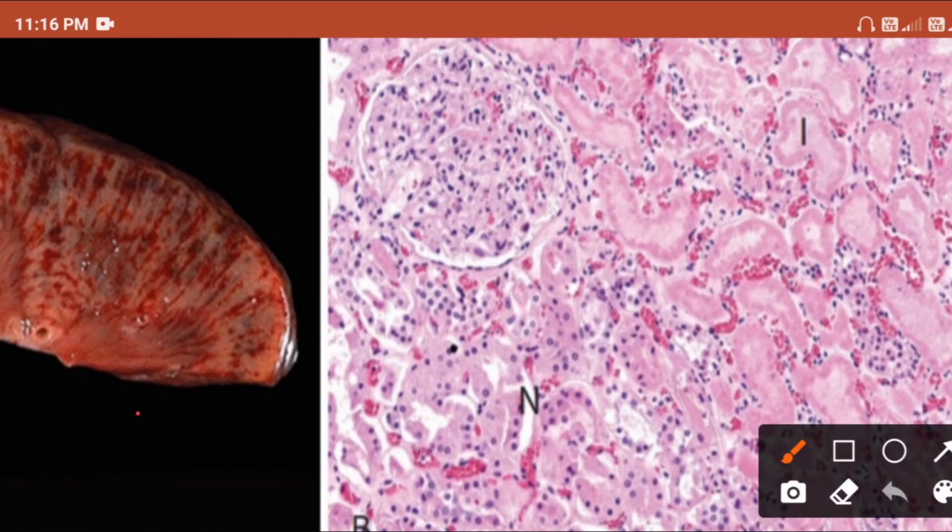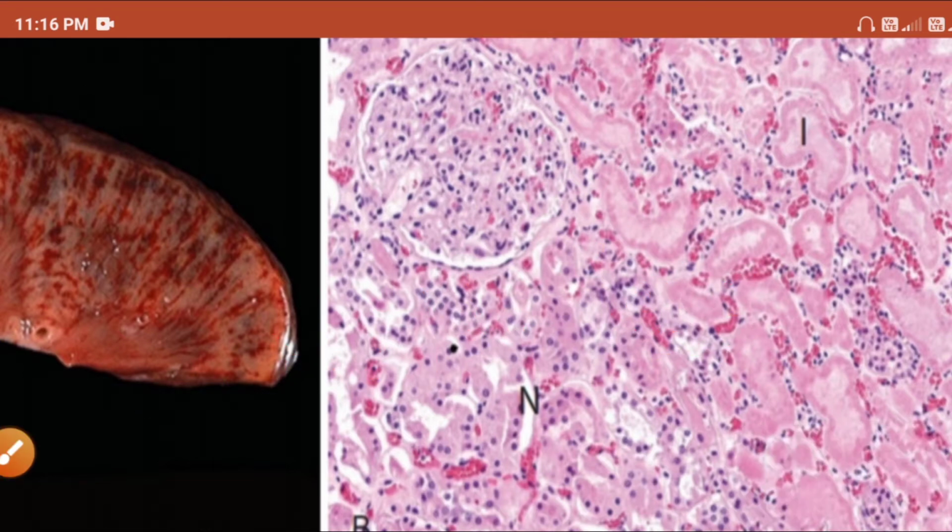So the first important finding is no nucleus. Now the second important finding is that the staining is deeply eosinophilic. These two important findings are suggestive of necrosis, particularly coagulative necrosis.